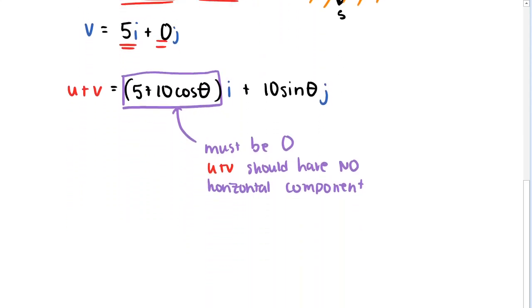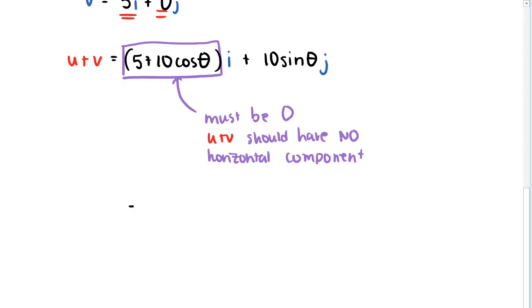And so let's solve this equation. Let's figure out what values of theta would make this horizontal component equal to 0, because such a value of theta would be the direction in which we want the boat to travel.